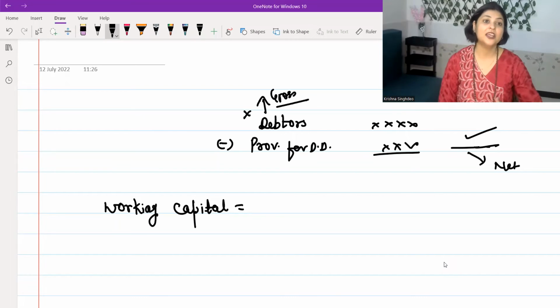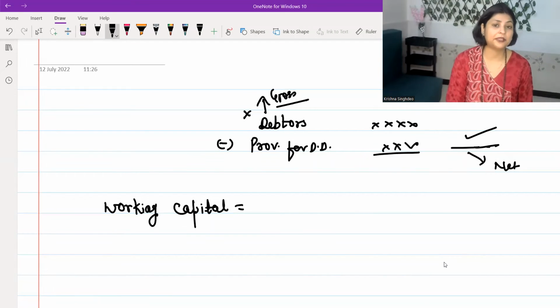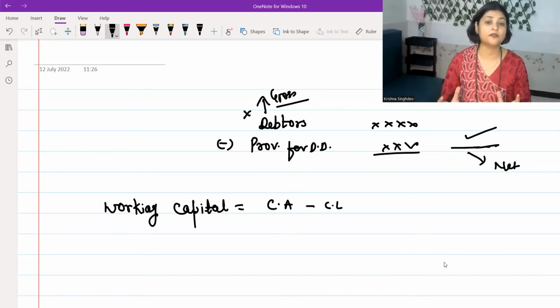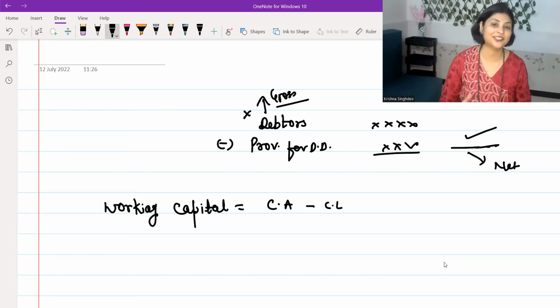Meaning the capital which is required for paying the wages, for buying the raw material and any other expenses to be met, which is not a capital expenditure, which is a recurring expense. So working capital, how do we calculate? We normally say working capital is the excess of current assets over current liabilities. So we can say current assets minus current liabilities, or excess of current assets over current liabilities, is called working capital.